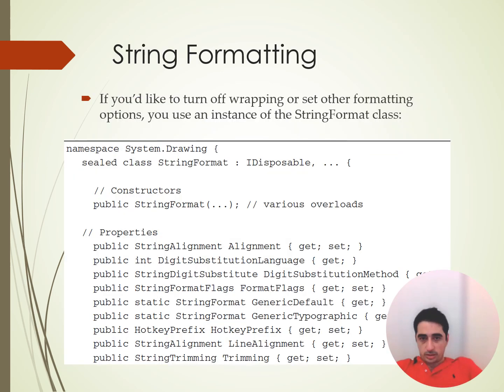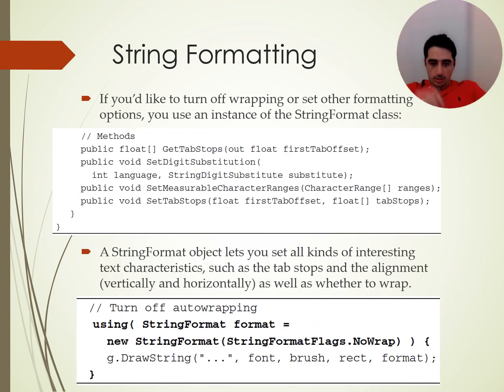If you want to turn off wrapping or do some other type of formatting when you're drawing a string, you can use an instance of a StringFormat class. Here you can see a list of properties for this class. And also here is the list of methods for the same class. Now let's see an application of it. Let's say you want to turn off the auto wrapping, as I said before.